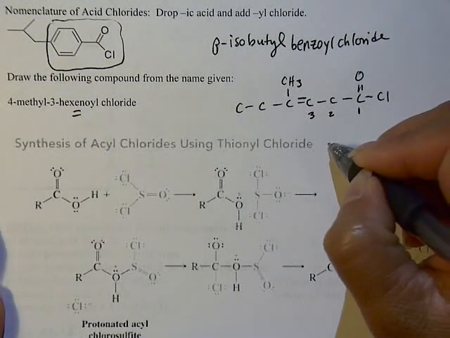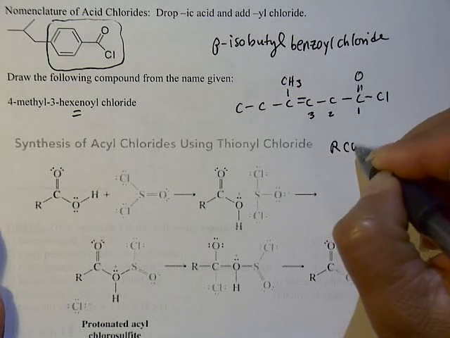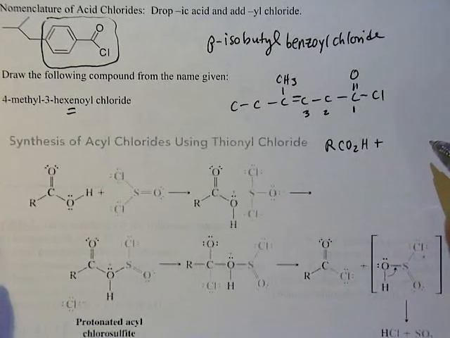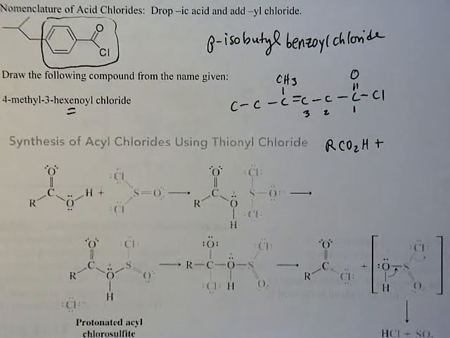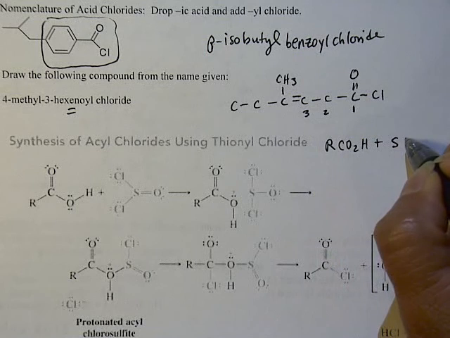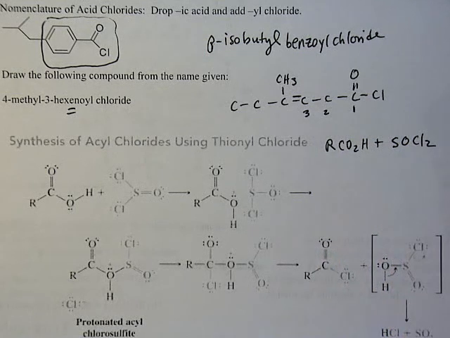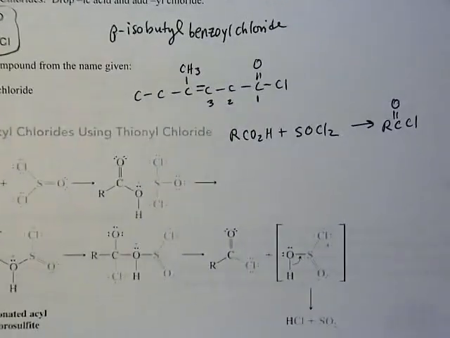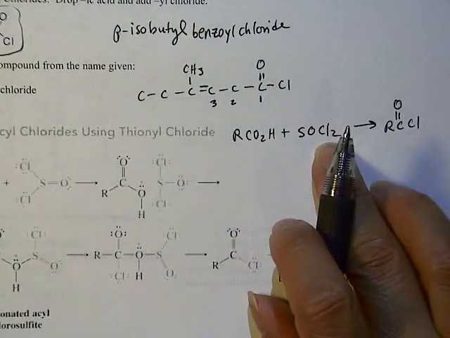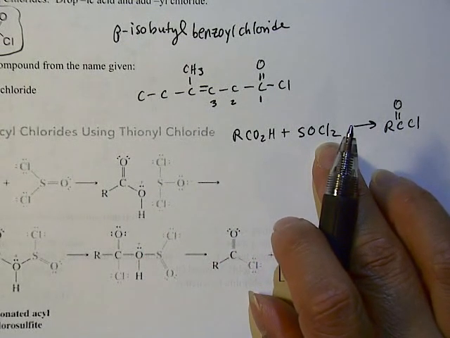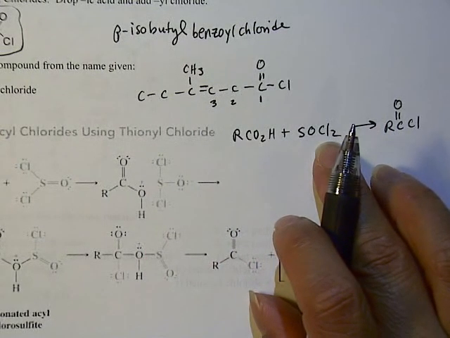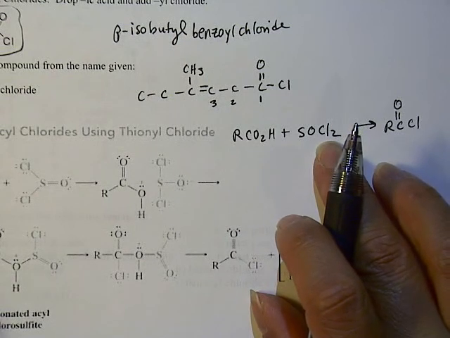The overall reaction is that we take a carboxylic acid and react it with thionyl chloride, which is SOCl2, and you convert that into the acid chloride. That's the overall reaction, and this is the reagent that you need.